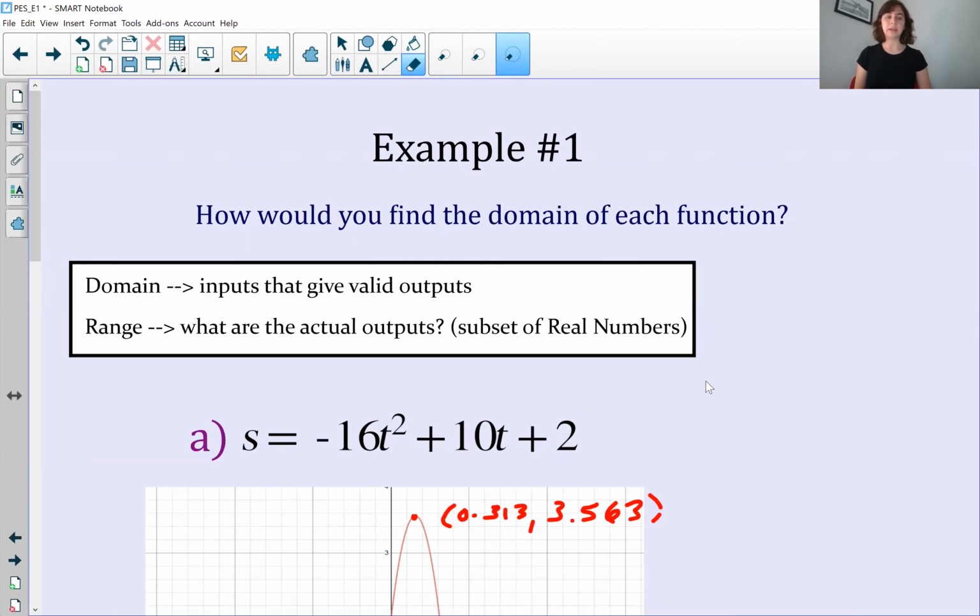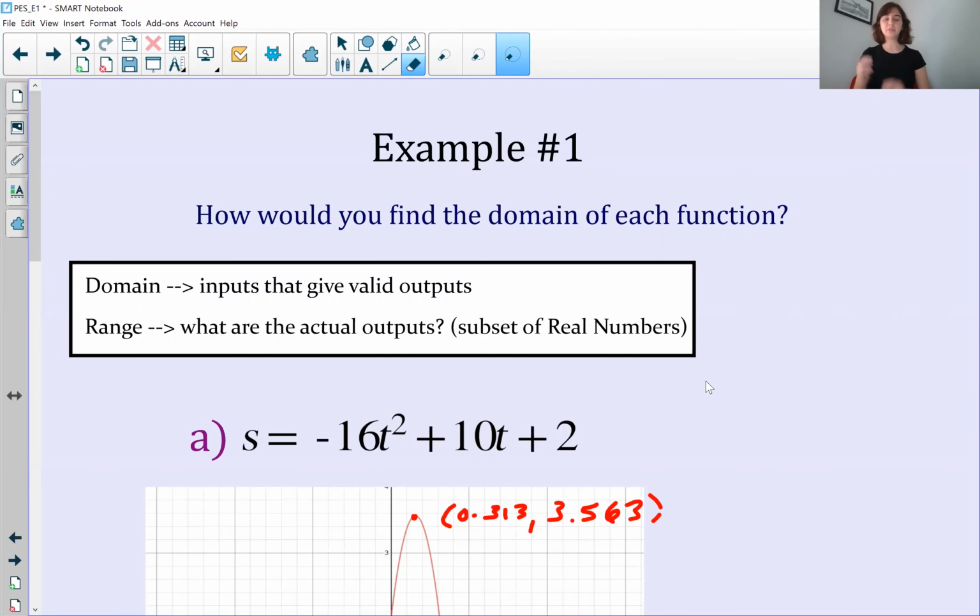Like I said in the last slide, those outputs are going to be a subset of real numbers. They may be all real numbers, but typically, depending on the function, as we'll see in the example, it's usually going to be like a box within our real number box.